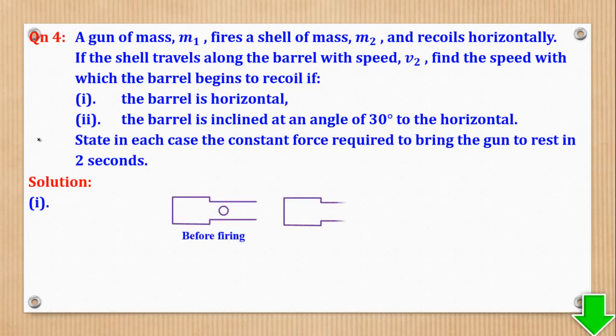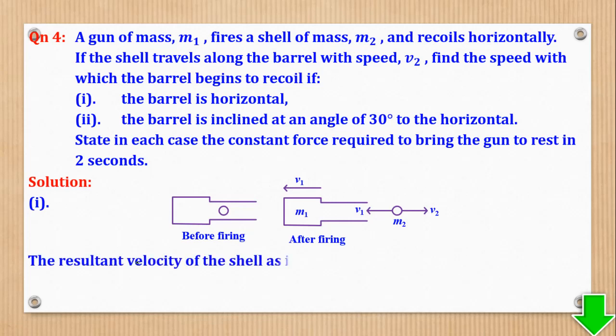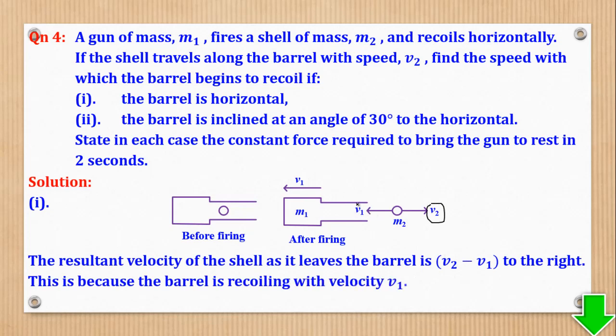So before firing is that, and after firing, this one jerks backward and this one moves forward with a relative velocity. So this is v1 minus this, meaning that this velocity is reduced by that. So the resultant velocity of the shell as it leaves the barrel will be this minus this, which is here to the right, and this is because the barrel is recoiling with a velocity v1.